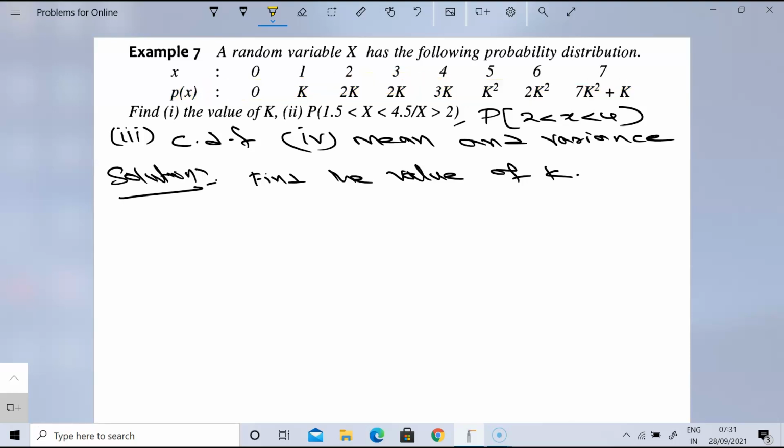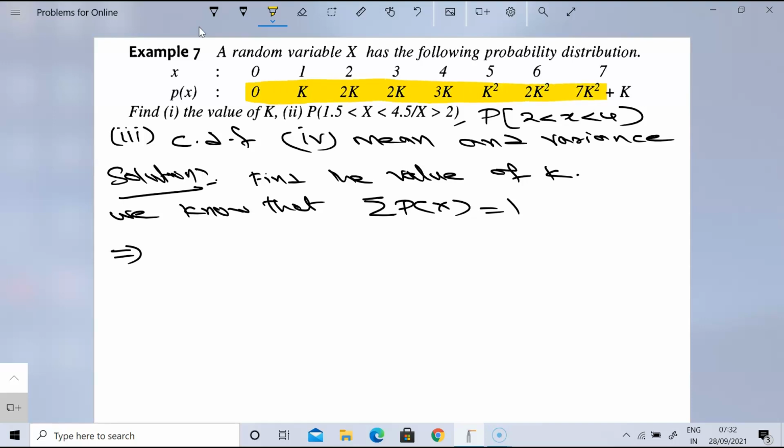So I write, we know that, summation P of x is equal to 1. What does it mean? Its meaning is just add the probabilities. In this second row, 0 plus k plus 2k, 2k. Add these and equate it to 1.